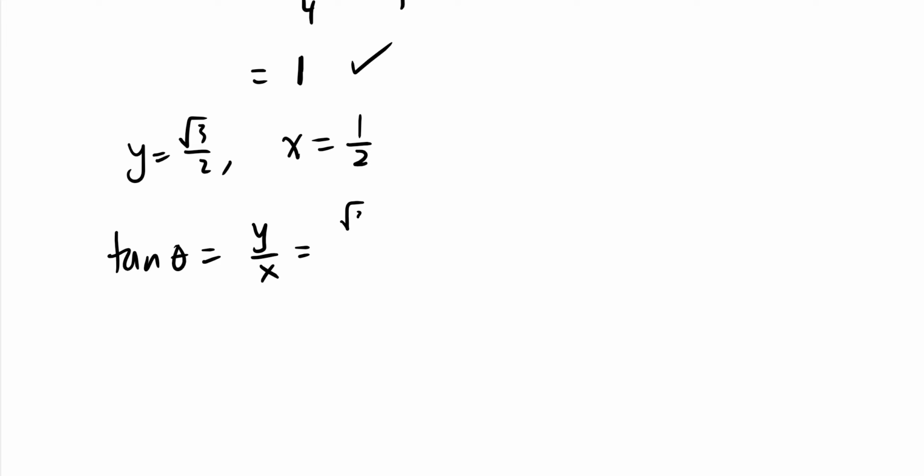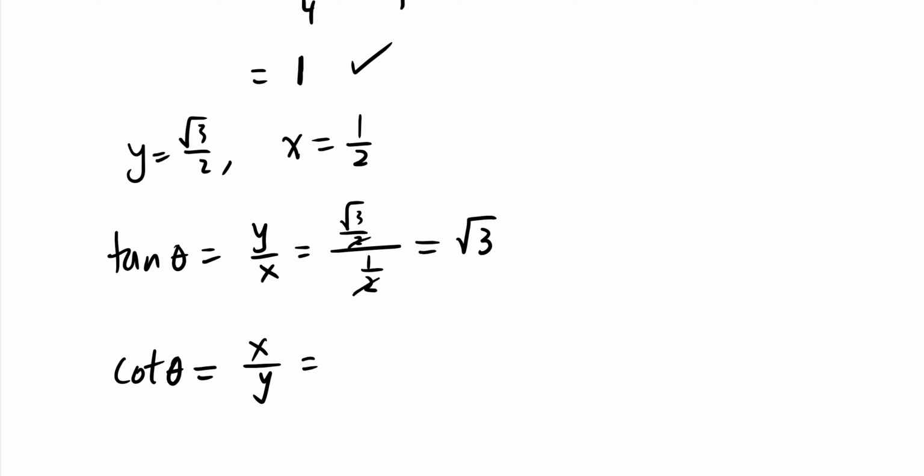So it's root 3 over 2 over 1/2. The 2's cancel. That gives me square root of 3. Cotangent theta is x over y. So it's 1/2 over square root of 3 over 2. The 2's cancel. So that gives us 1 over square root of 3. Always rationalize.